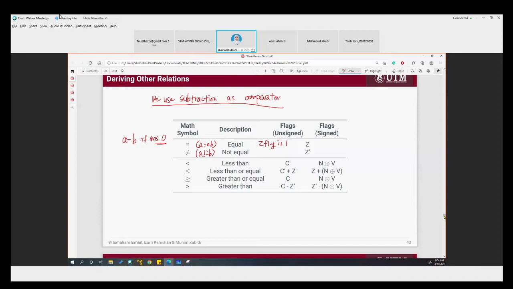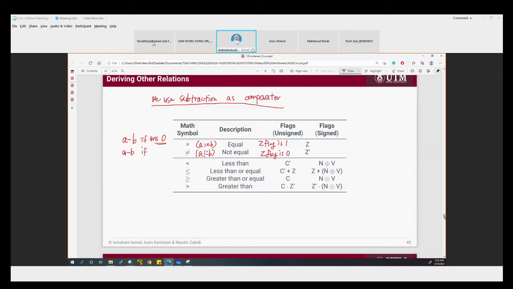So when the hardware wants to check this relation, whether A is not equal to B, we subtract B from A, A minus B. And if the answer is 0, Z flag is 1, but if the answer is not 0, Z flag is 0.